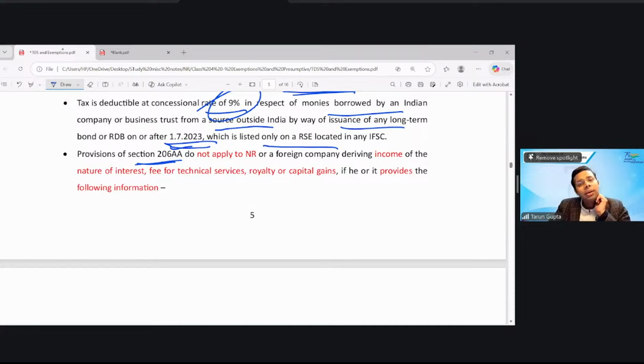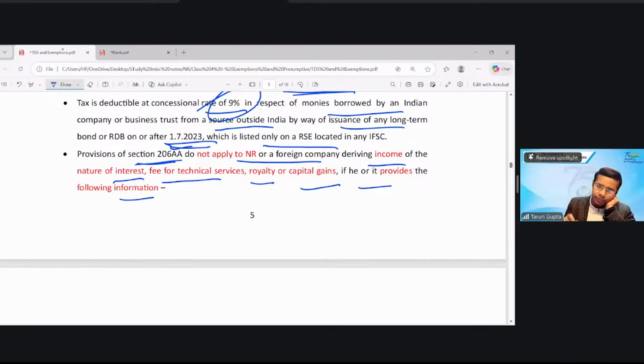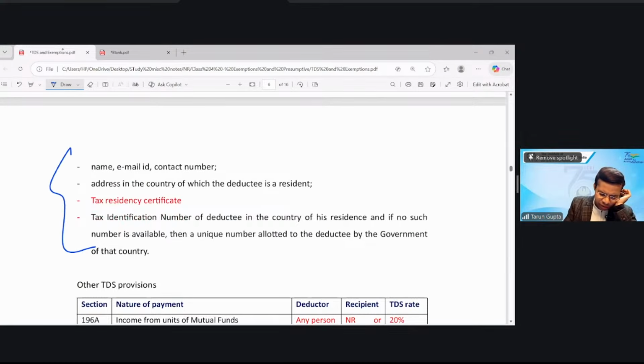But if the recipient is a non-resident, then 206AA says it will not apply to a non-resident or foreign company deriving income of the nature of interest, FTS, royalty, or capital gain if he or it provides the following information. So if a non-resident or foreign company doesn't have a PAN, no problem. You give me these 4 pieces of information and I will not deduct tax at the higher rate. 206AA is not applicable. What is this information?